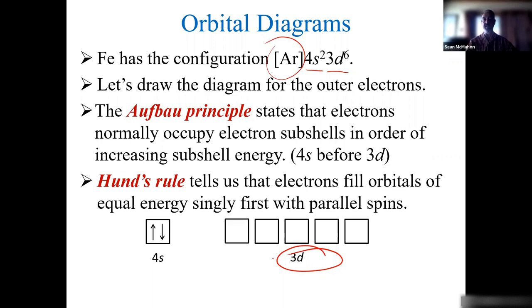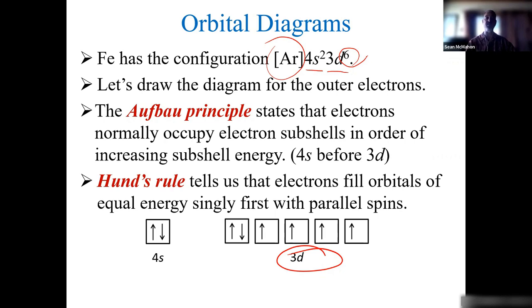And again, I said this earlier, with Hund's rule, you're basically going to go into an empty orbital first. So I need to add 6 electrons. How am I going to add them? I'm first going to fill each orbital with 1 electron. There are 5 orbitals.